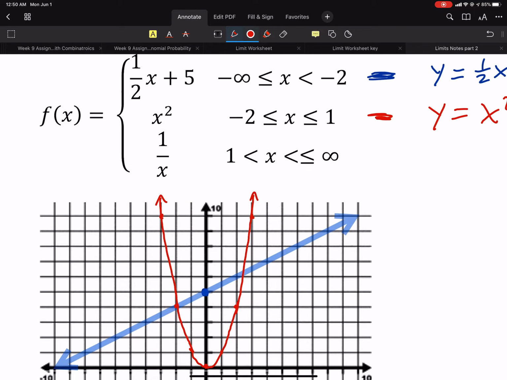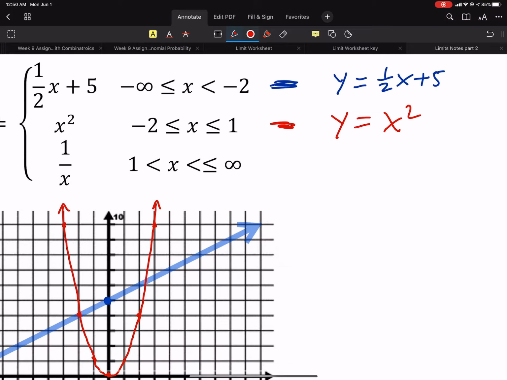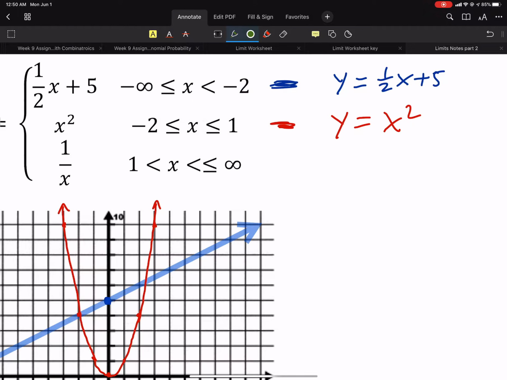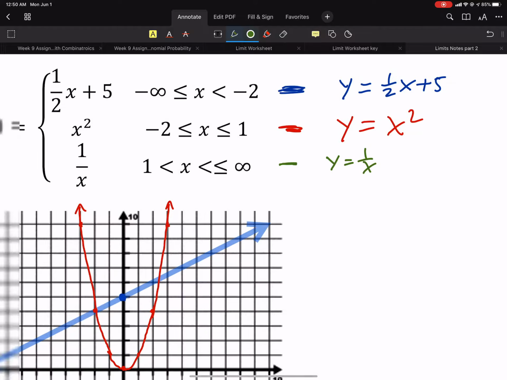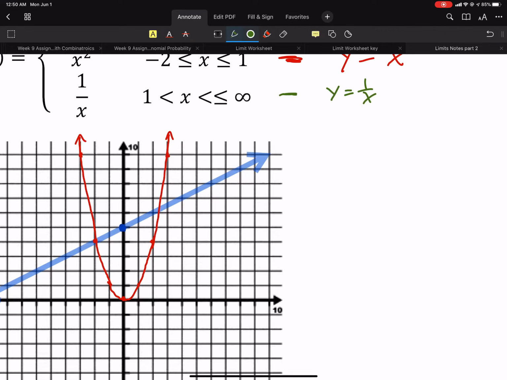And then I have the last one. I will do that in green. And that's y equals 1 over x. I'm just going to show you the graph of this. That one also is going to go through that point, 1, 1. And you know what? I'm going to do a rough graph.